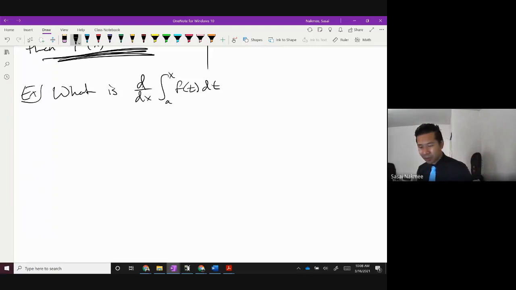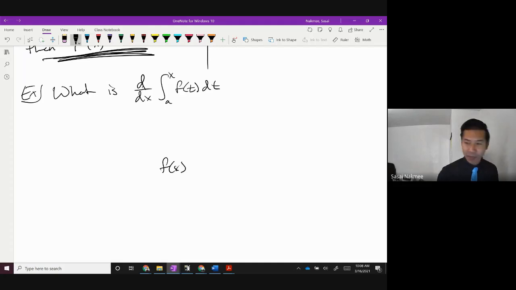They'll give you something like this. Now, if you know the fundamental theorem of calculus part 1, you would know that the answer is just going to be f of x. It's just going to be f of x. You can do this multiple times and you'll realize it works out just like this. But let me show you why that is the case, okay?